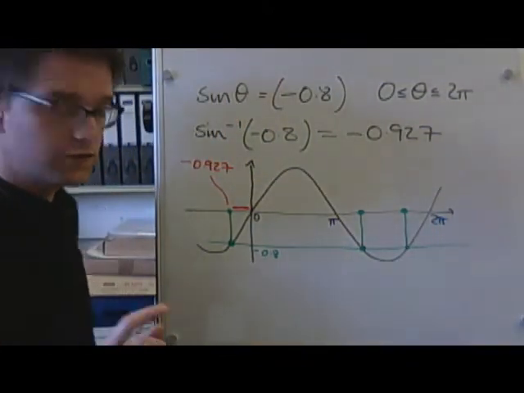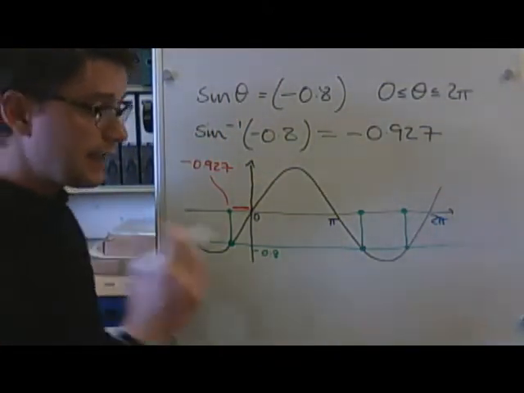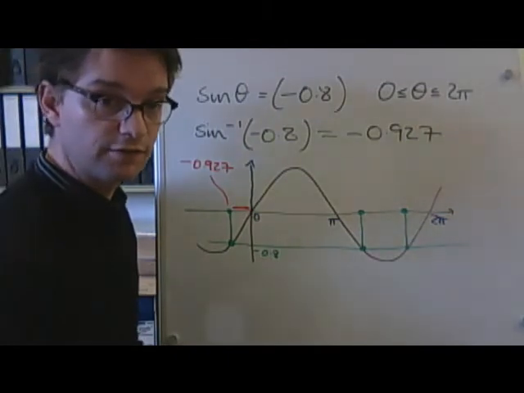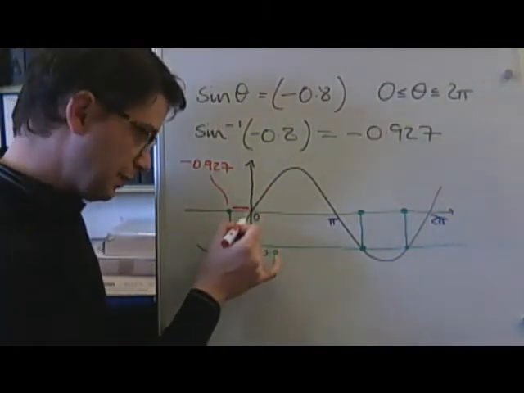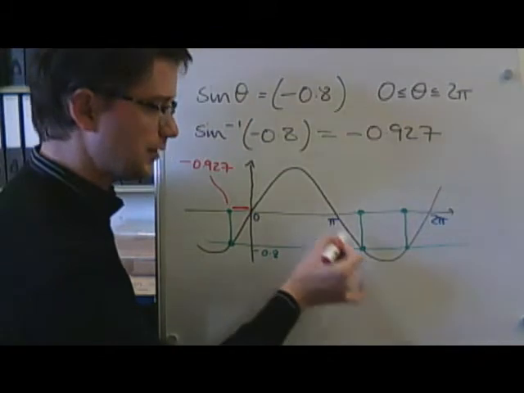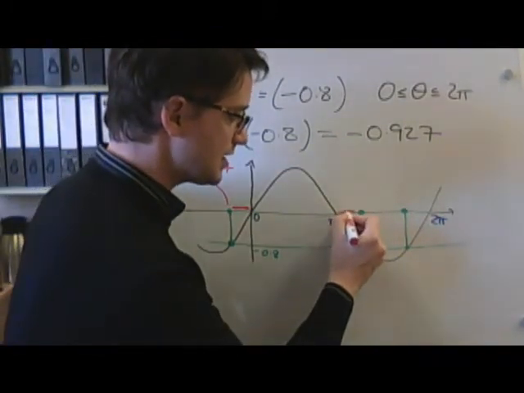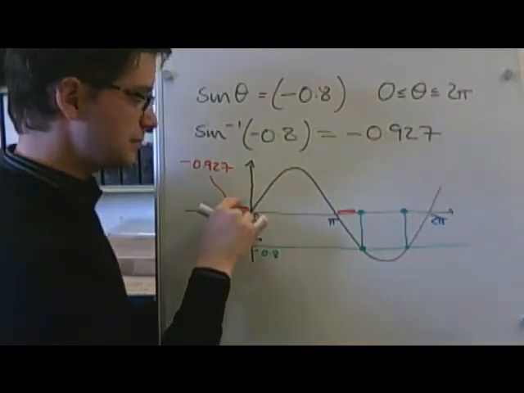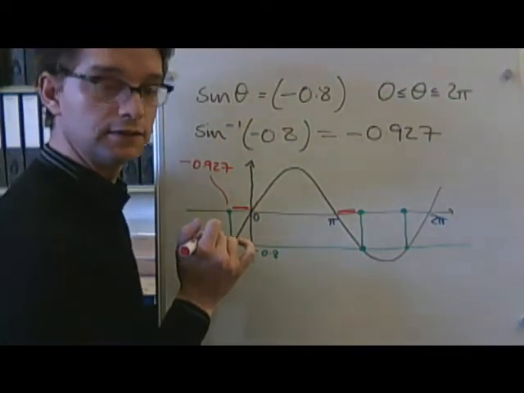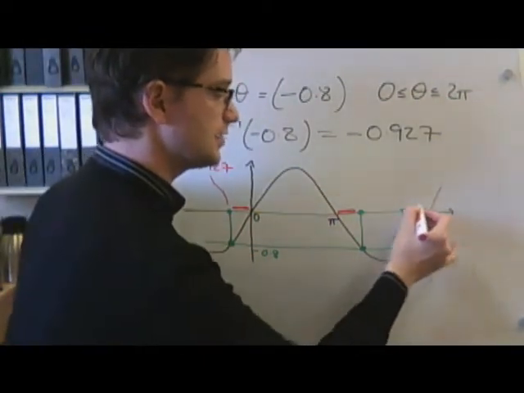And again I'm going to use the symmetry of the curve. This bit of curve is the same as this bit, it's just flipped over. So this distance here is the same as this distance here, and it's the same as this distance here.